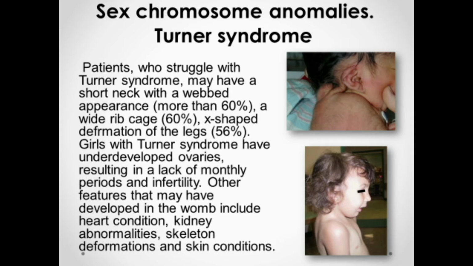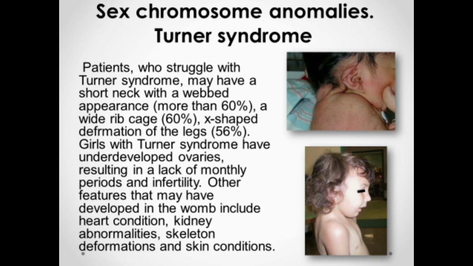Patients who struggle with Turner syndrome may have a short neck with a webbed appearance, more than 60%, a wide rib cage, 60%, X-shaped deformation of the legs, 56%. Girls with Turner syndrome have underdeveloped ovaries, resulting in a lack of monthly periods and infertility.